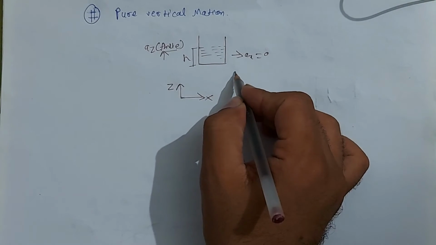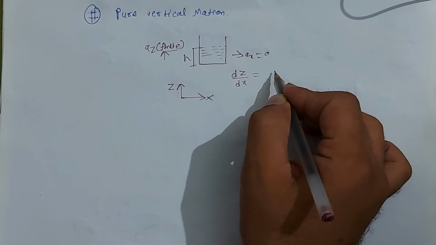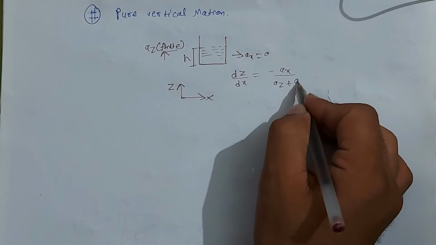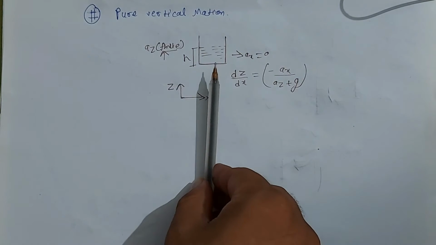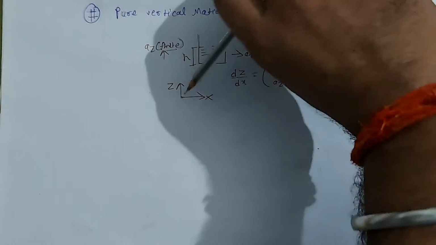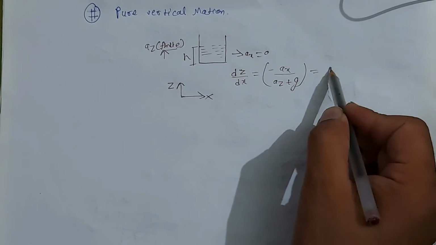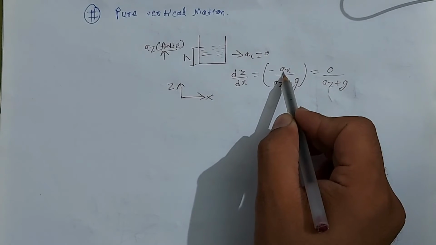We know that the general case suggested that dz by dx is nothing but minus ax divided by az plus g. So for this vertical motion case, where the container is moving in either this direction or this direction, dz by dx would be 0 divided by az plus g, because the ax term is 0.